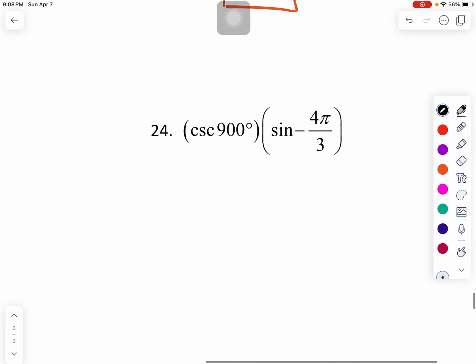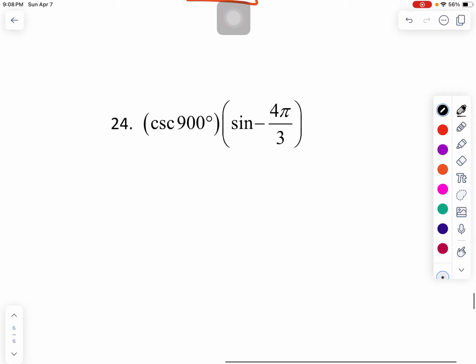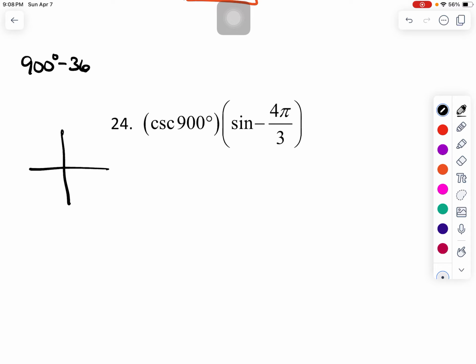All right. Last but not least is problem number 24, and then I am done with this study guide. So let's talk about where 900 degrees is. Well, actually, no, I'm not going to talk about where 900 degrees is. I'm going to figure out what it's coterminal to. So 900 minus 360 is 540 degrees.